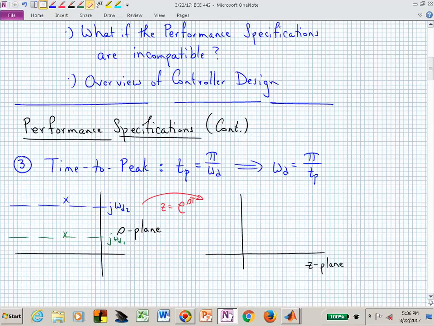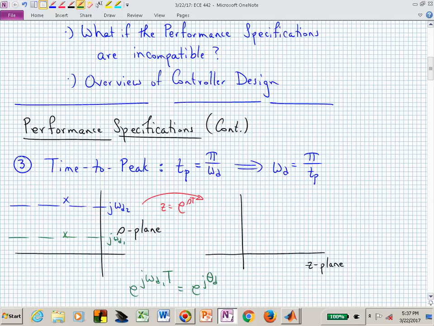What's going to happen if I now plug in e to the j omega sub d t? What does that look like? In green, I now have e to the j omega sub d1 t. And if you remember, we were actually just collecting omega sub d times t into an angle, e to the j theta sub d.